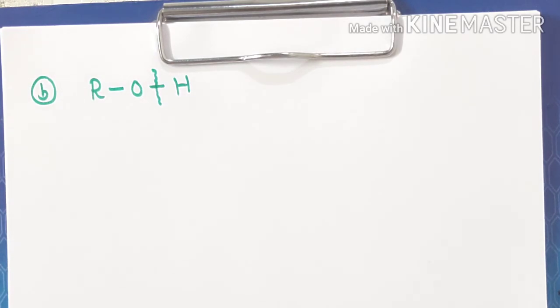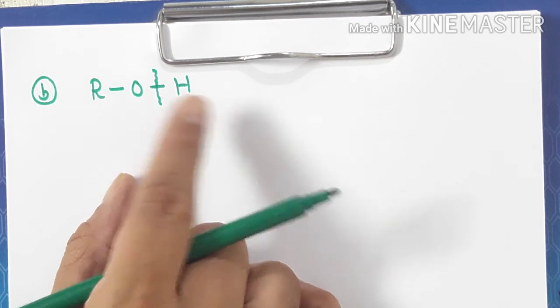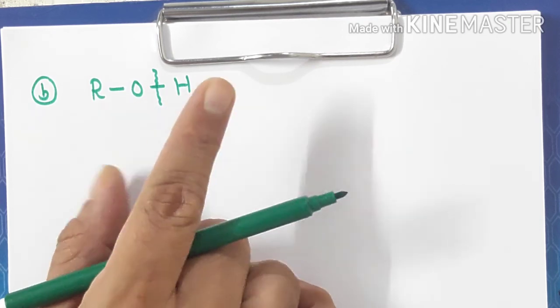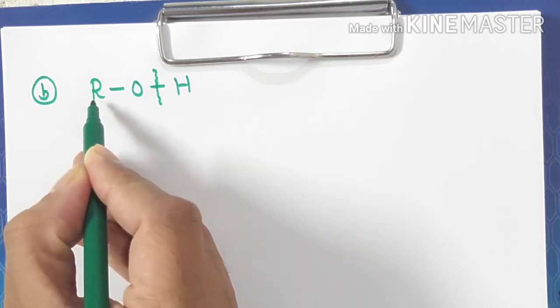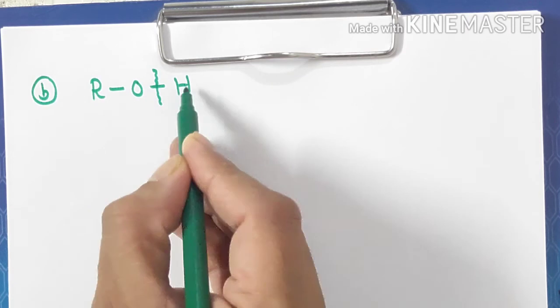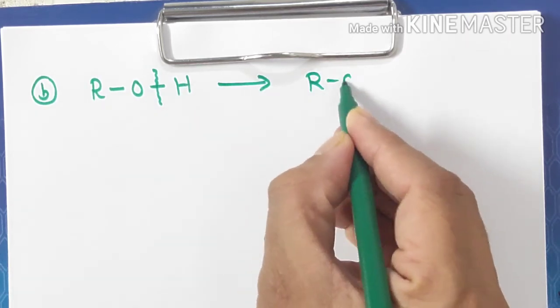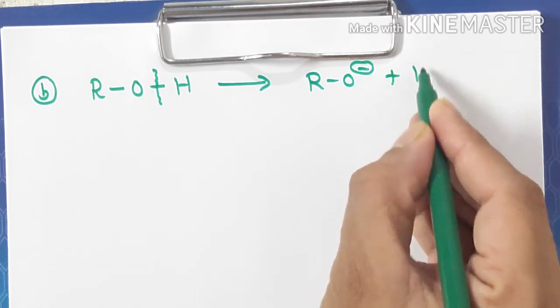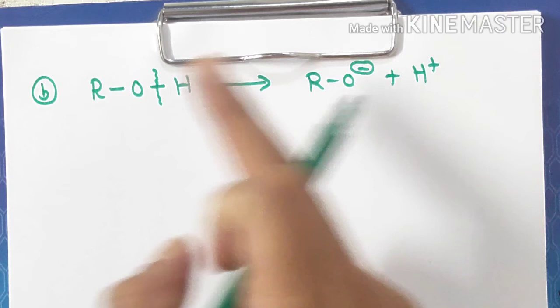In this case there will be breaking of the bond between oxygen and hydrogen. Understood? There are actually two types. A bond can break between R, that is carbon, and oxygen, or the bond may break between oxygen and hydrogen. If the bond breaks like this, it will form RO minus and H plus. It also shows the acidic character of the alcohol.